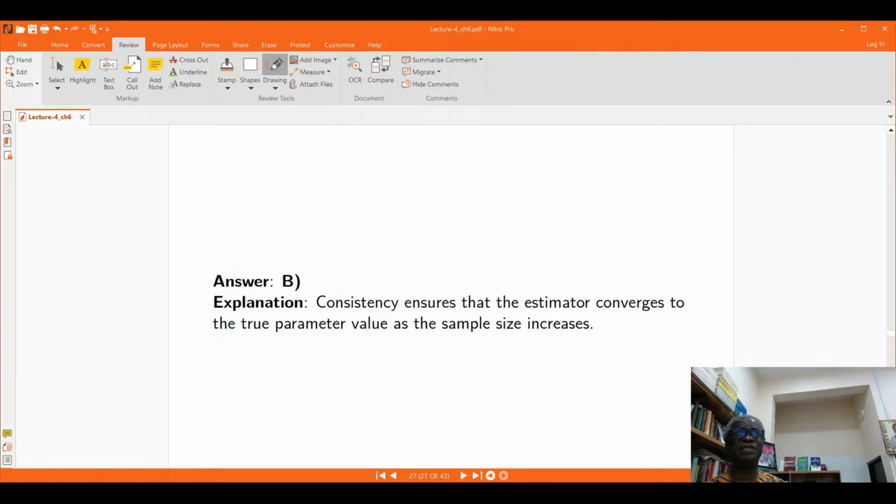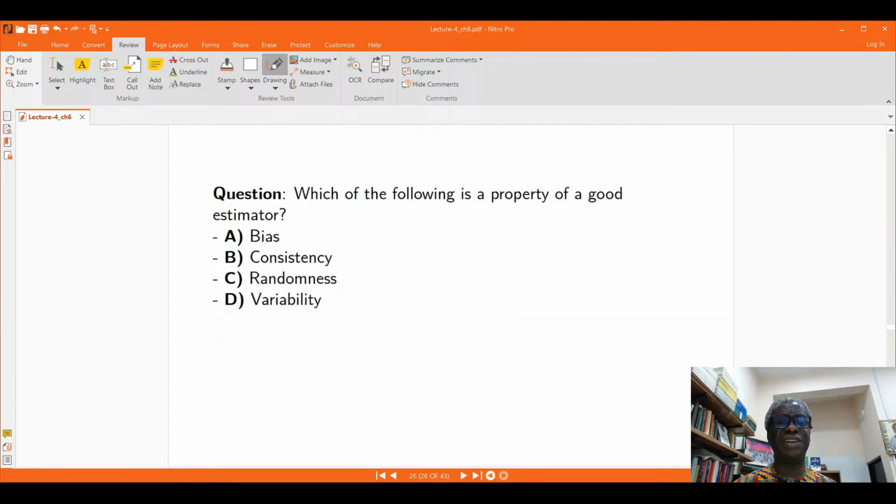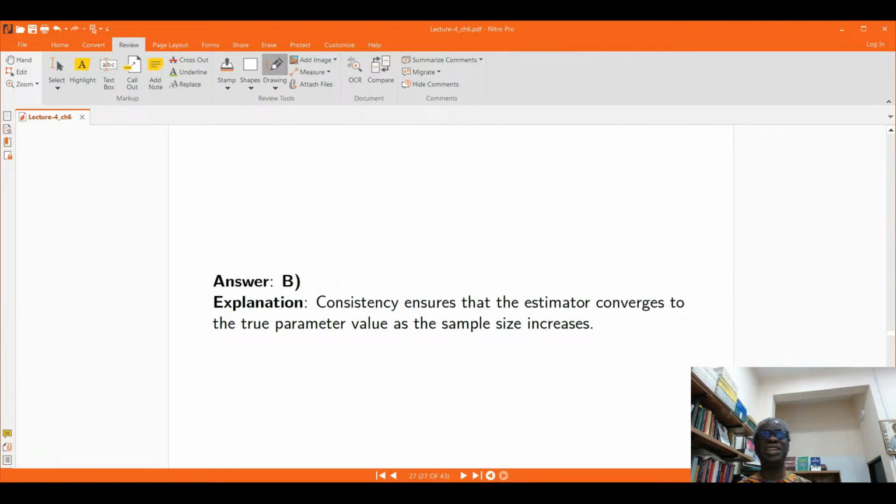Consistency is a property of interest. Randomness is not, in this case, a property of an estimator, but is very fundamental when you are drawing your sample. And what's the fourth one? Variability is captured in efficiency, because that's where we talk about the variance of the unbiased estimators.